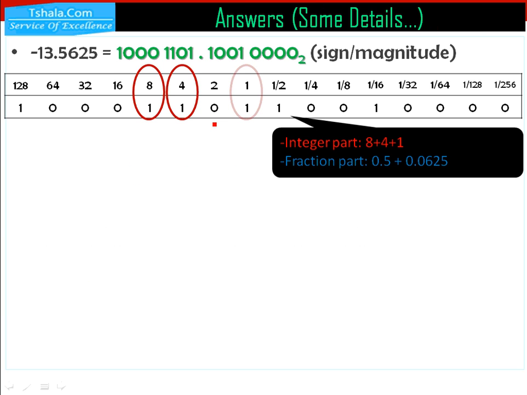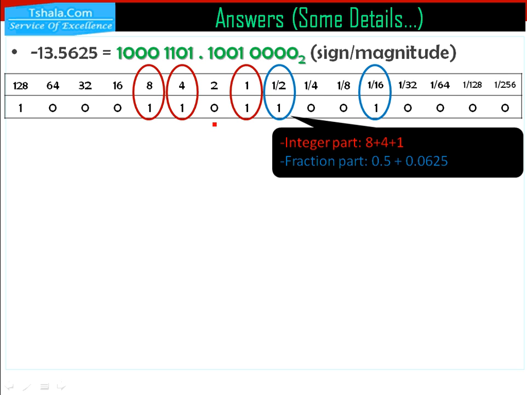Right, let's take the first one, the minus 13. What we have here, I'm showing you, we are using sign magnitude format. Now let's have the conversion.